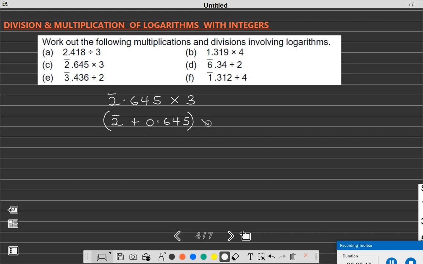Now I will multiply 3 throughout. When I multiply 3 times -2, this is a -2, so this will be -6, so we write 6 bar, plus, now 3 multiplied here, we get 3 times 0.645, we get 1.935.